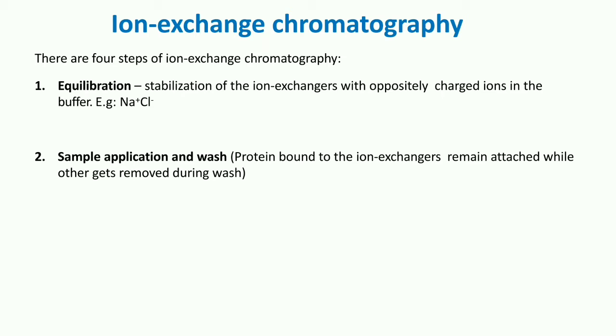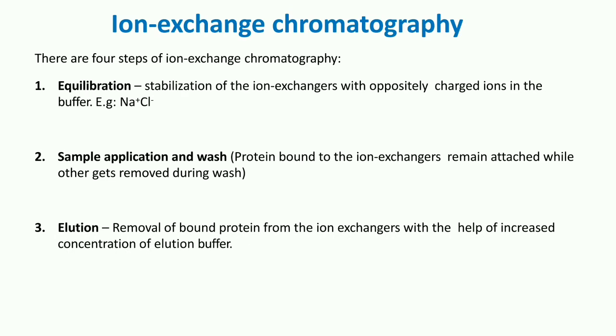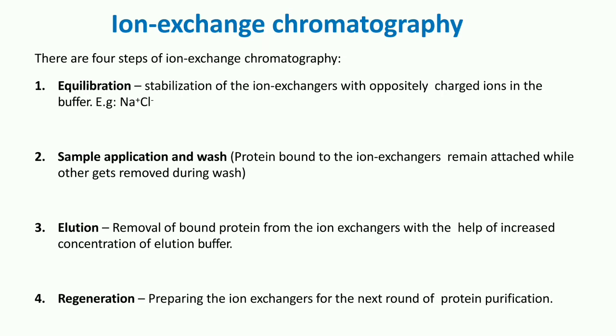The proteins bound to the ion exchanger remain attached to the resin, whereas the others are removed during washing. The third stage is elution, that is, removal of bound protein from the ion exchanger with the help of increased concentration of elution buffer. The last stage is regeneration, that is, preparing the ion exchanger for the next round of protein purification.